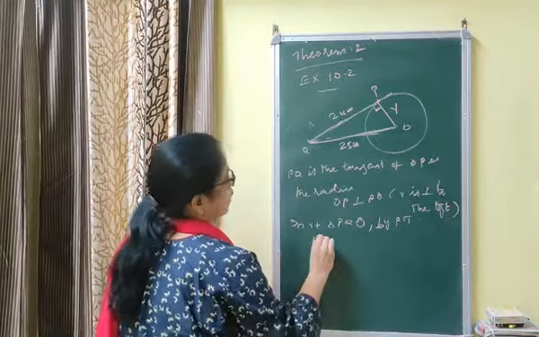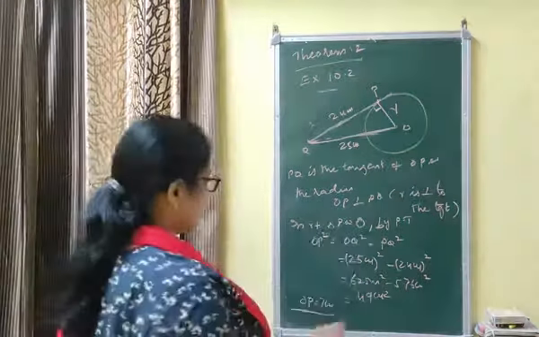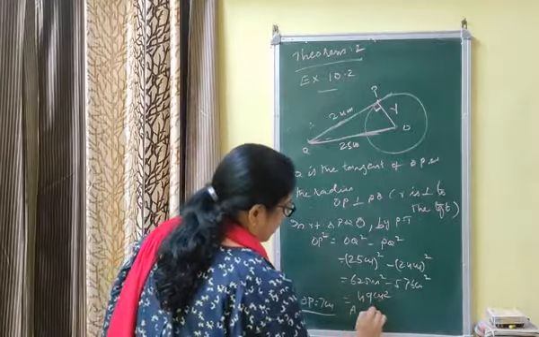If you subtract it, you will get root 49 cm square. But you have to find OP. Therefore, OP is equal to 7 centimeter. The first option is the right option. Option A is the correct option. Now, second question.